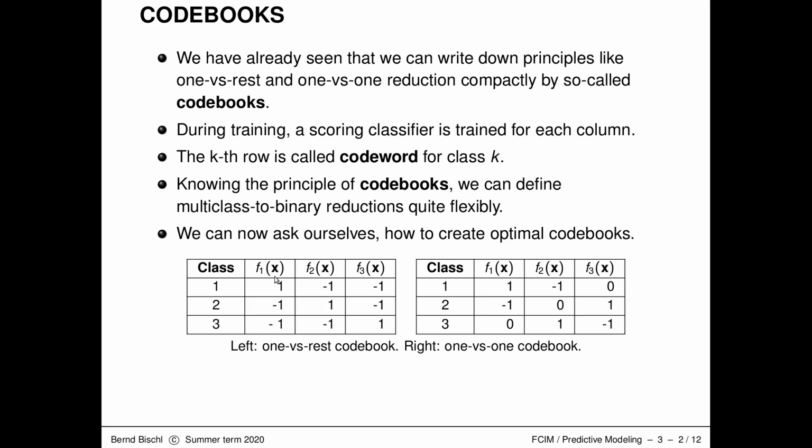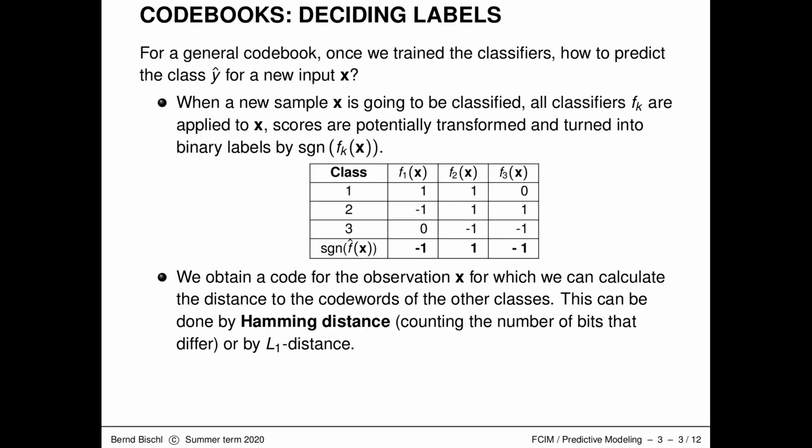So in many cases, I can actually not assume that I will produce exactly a matching code word during prediction for any of these rows. So some of these code words that I will produce on some test observation X will not occur at all in my codebook, and now I have to do something about this, and from this we can also ask ourselves what we can do in the optimal case, and how to create optimal codebooks.